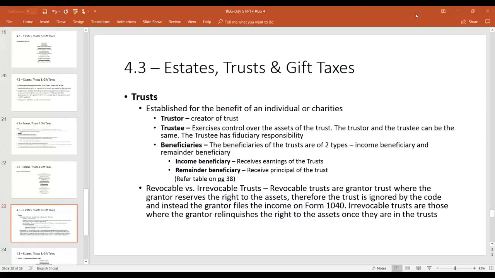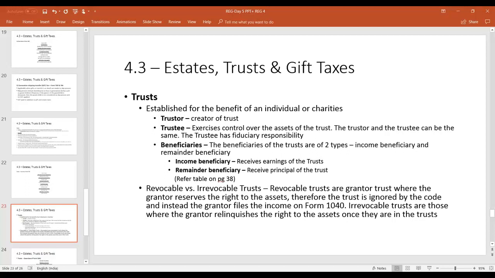We also want to know the difference between a revocable trust and an irrevocable trust. A revocable trust is generally a grantor trust where the grantor reserves the right to the assets. Therefore, the trust is actually ignored for tax purposes, and the grantor will simply report the related income and expenses on his Form 1040 because he still owns the assets, right?